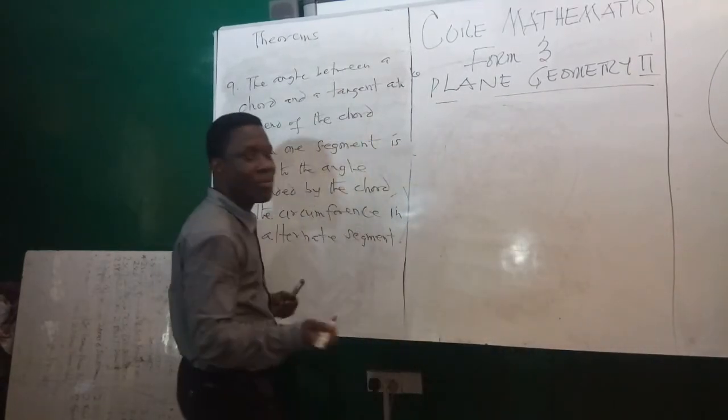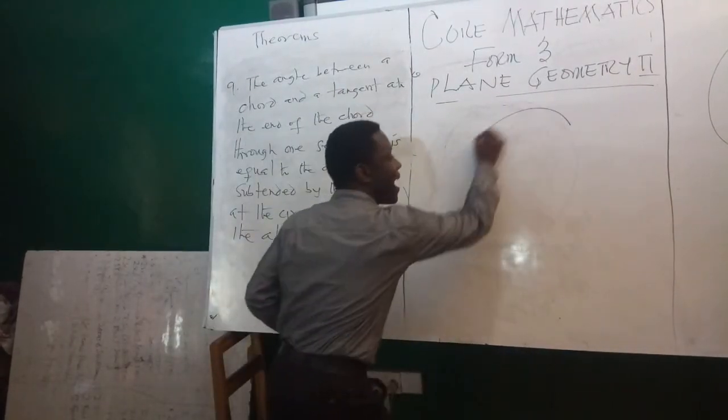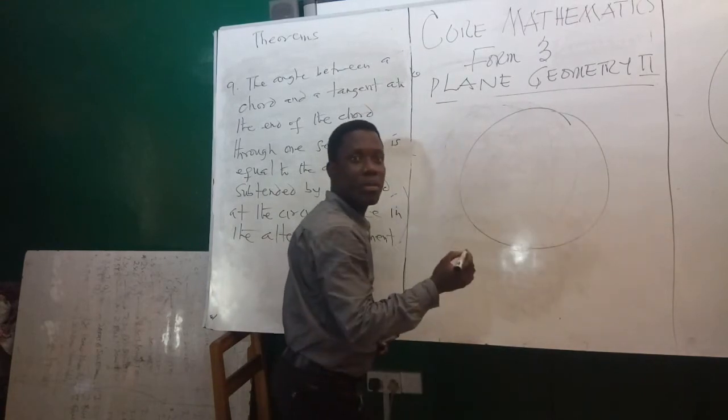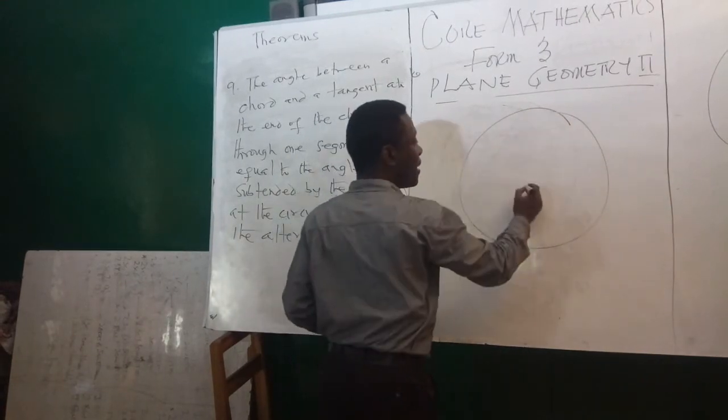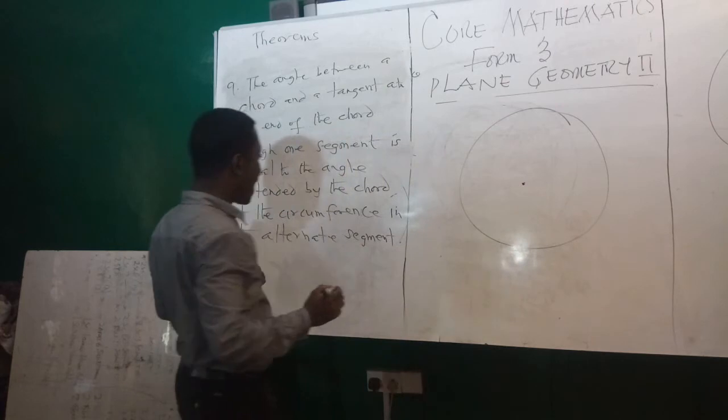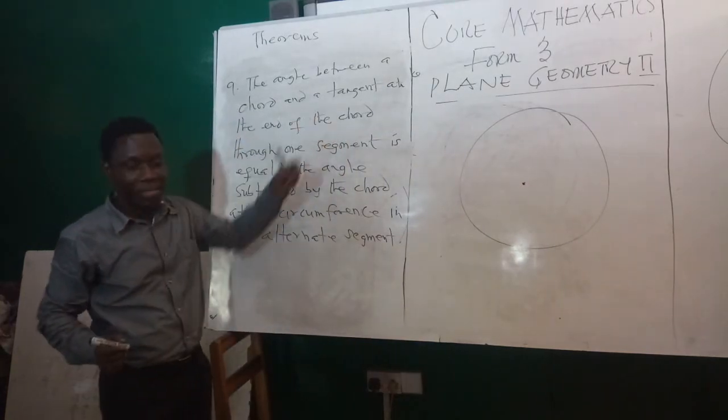So what are we saying? What we are saying is that if you had a circle, and remember, I've already introduced the concept of tangent.